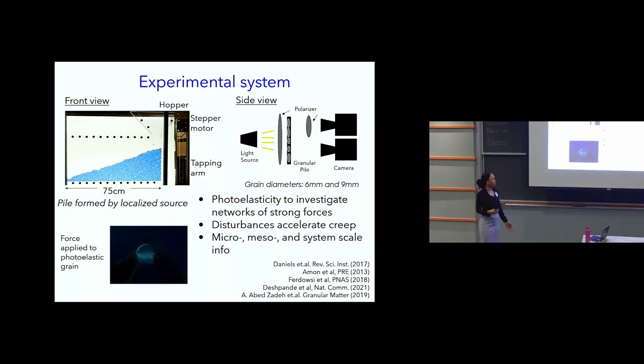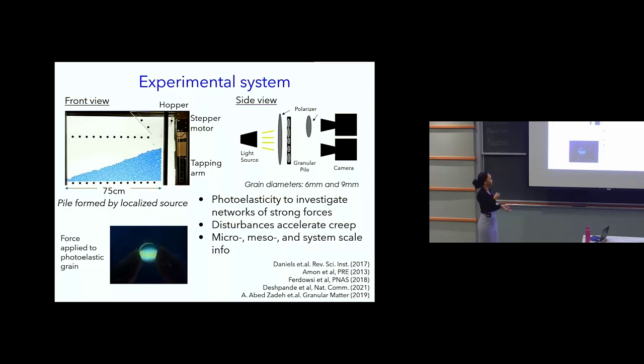When the material is stressed, it exhibits birefringence, and it alters the polarization of any transmitted light. So we view the experiment through cross polarizers so that we can make use of that feature. This is how we can get force information from our grains in addition to position information.